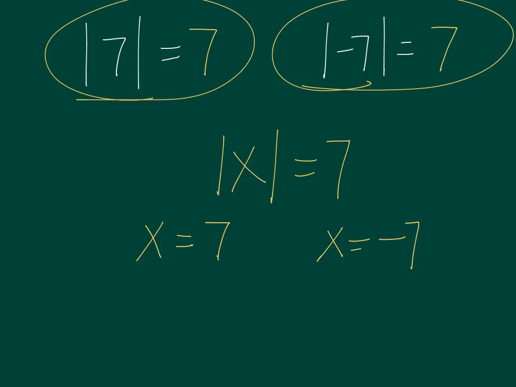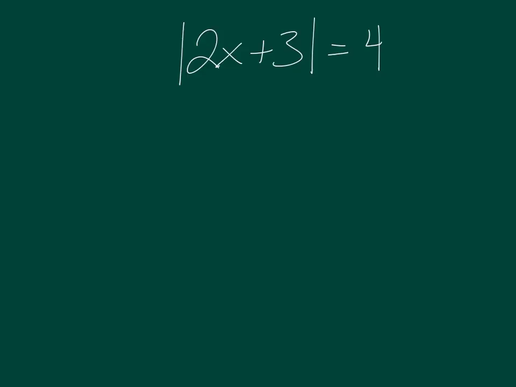So let's make it a little trickier with that idea in mind. Let's say we have this algebraic expression caught up inside the absolute value. The only way that the absolute value of this 2x plus 3 equals 4 would be if just inside the absolute value, just the 2x plus 3, possibly equaled 4, and then we took the absolute value of it, which didn't really do anything, and it stayed equaling 4.